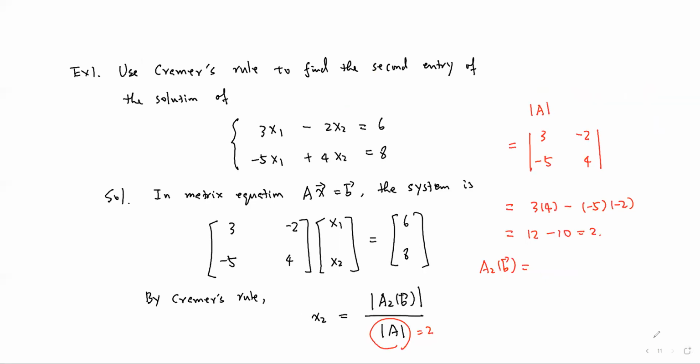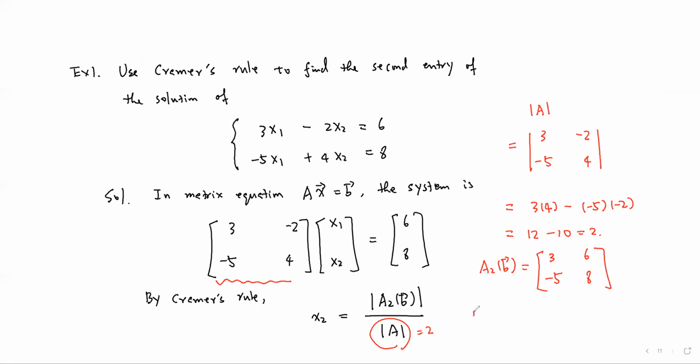Now A_2(b), this is A. Now replace column 2 by the right side, 6, 8. This is A_2(b).